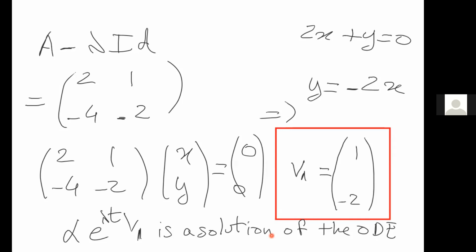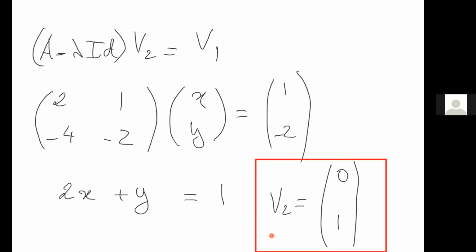If A had two distinct eigenvalues, I would do the same for the second eigenvalue and obtain all the solutions. But here, that's not the case. So instead, we're looking for a V2 such that A minus lambda identity V2 equals V1.